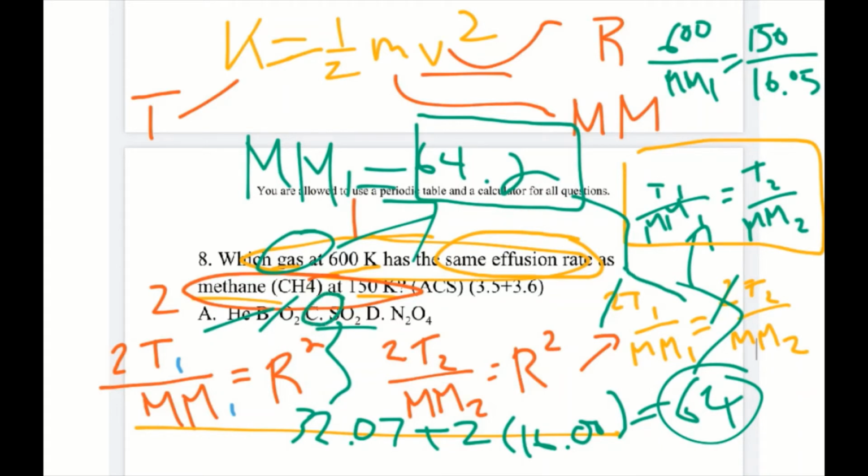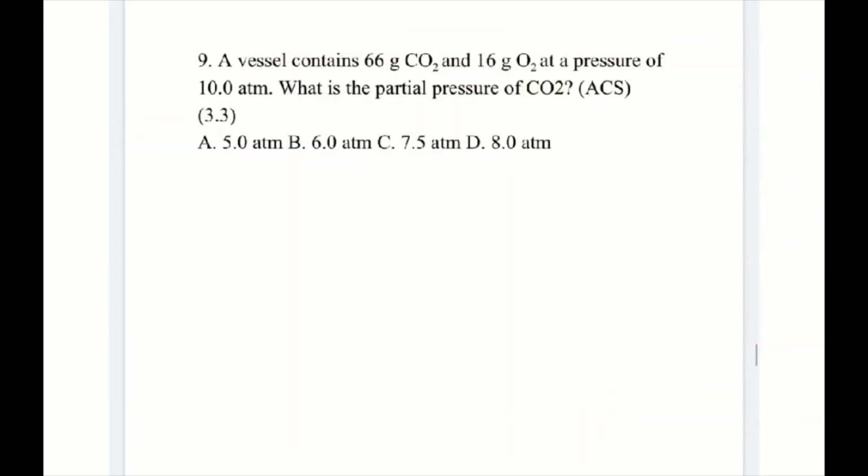So C is our answer. So for this question, you noticed how it's nothing that I've ever talked about, but it's something that you could have figured out by looking at the fundamental relationship between temperature, diffusion rate, and mass using K equals 1/2 mv squared. So let's take a look at the next question.